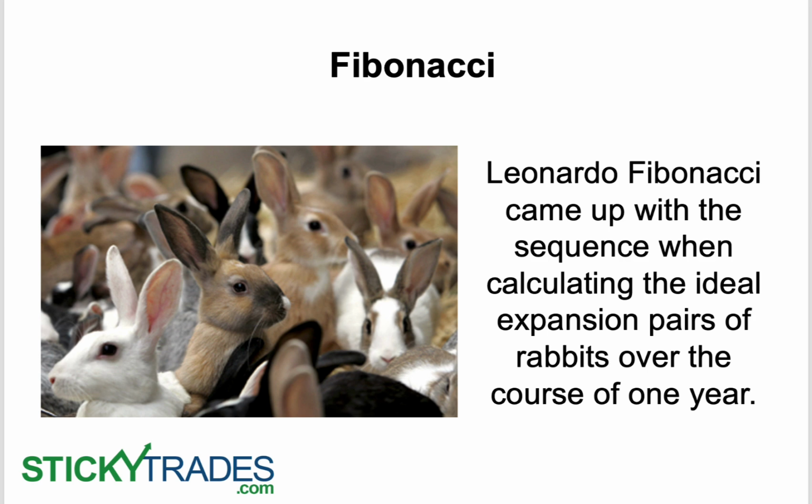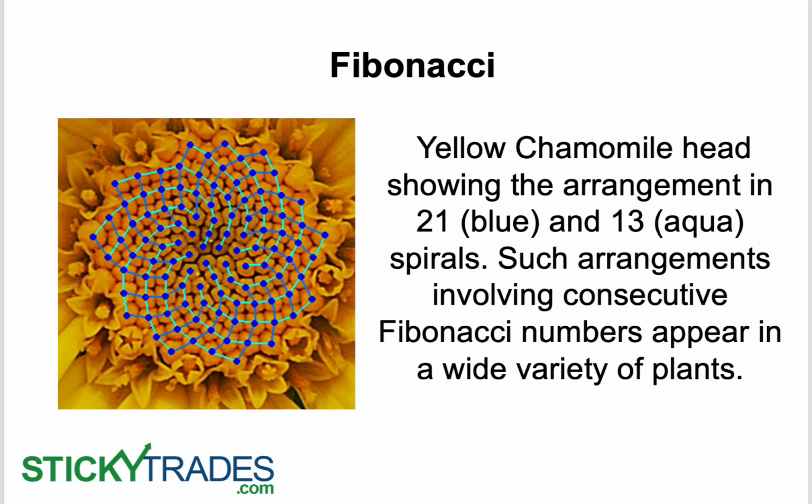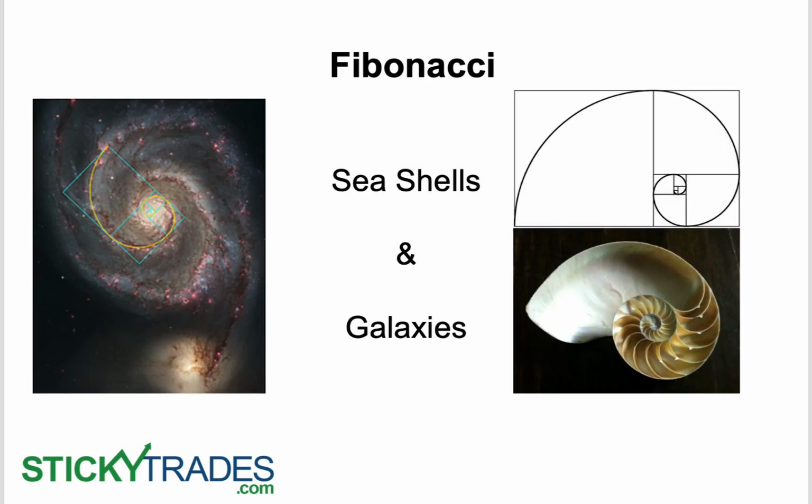If you take the Fibonacci sequence and throw it into a geometric form, you'll also find that the yellow chamomile head shows the arrangement of that flower in a Fibonacci sequence as well. And when you use it in other applications, you'll find that in its geometric form, it closely resembles galaxies, the spirals of seashells and such.